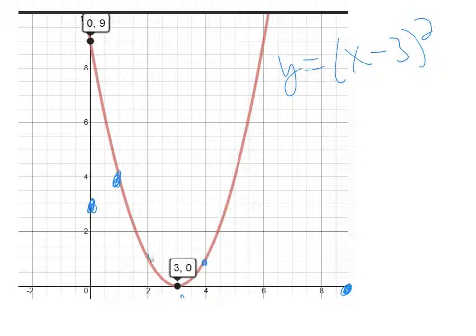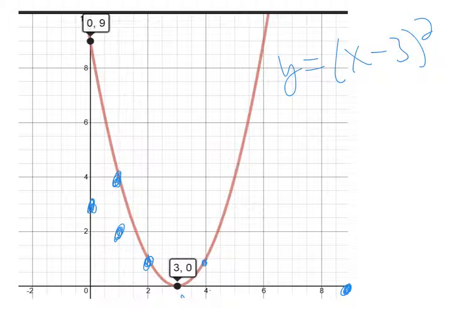What else we have? We have 2, 1, so I can graph 1, 2. Whoops, 1, 2. Pretend you didn't see that. What else can I graph? Let's see. If I come over 2, up 1, 1. If I come over 1, let's see.